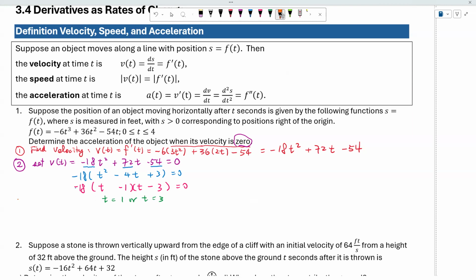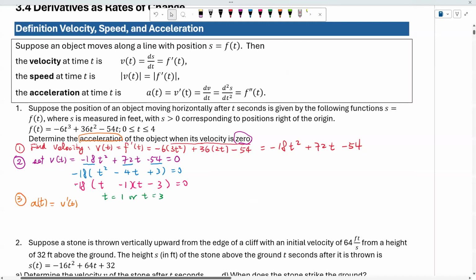And now we need to find the acceleration. So I will have a of t, which is basically v prime of t. In this case, we have negative 18 times 2t plus 72.